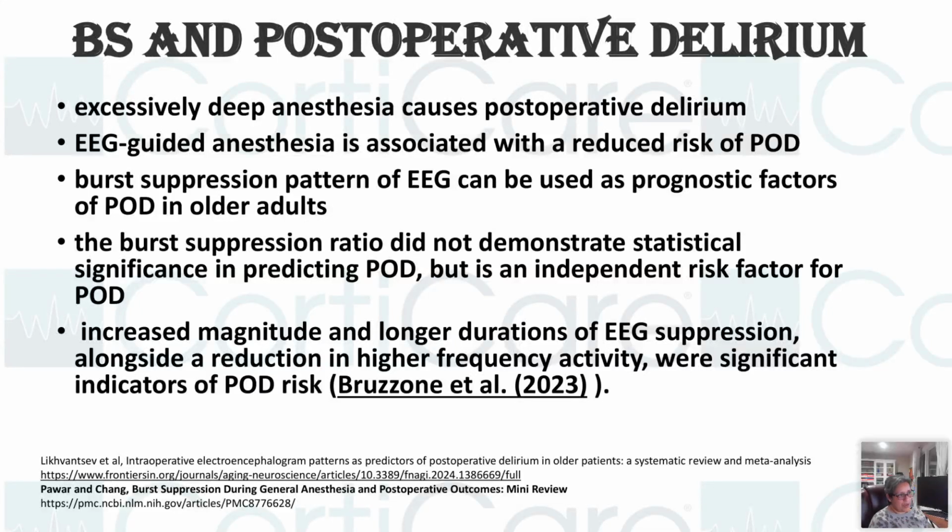The burst suppression pattern that we see in elderly patients during surgery can be used as a prognostic factor. There is no statistical significance that it will predict whether the patient is going to have POD or not, but it can be used as a prognostic factor, and it is completely an independent risk factor.